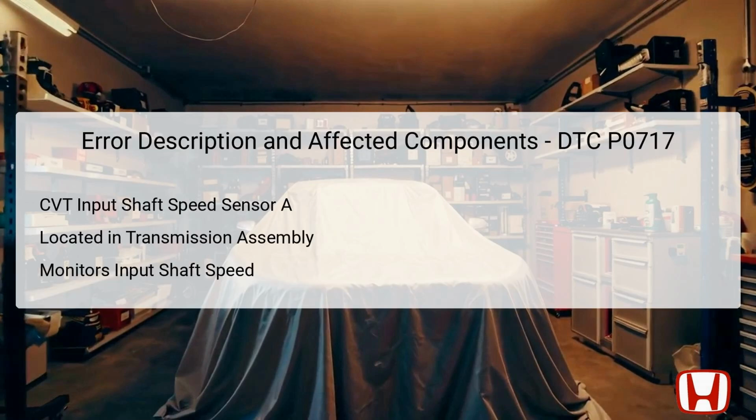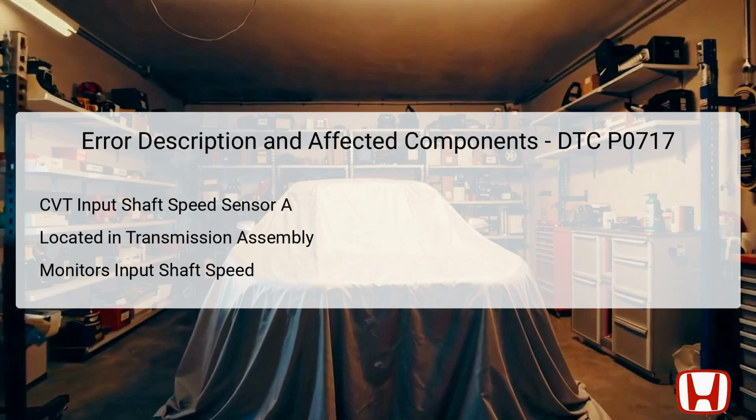The CVT input shaft speed sensor A, which can trigger DTC P0717, is a critical component within the transmission system of the Honda Accord. Its primary function is to monitor the speed of the input shaft, transmitting data to the Transmission Control Module, TCM. Located in the transmission assembly, the sensor provides feedback essential for controlling shift patterns and overall transmission performance.